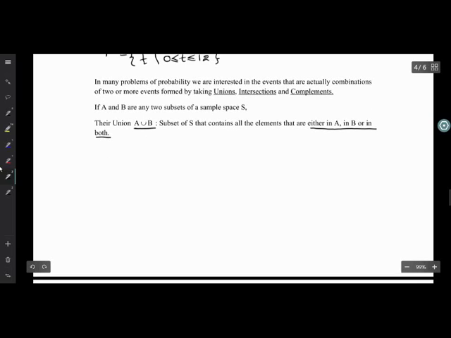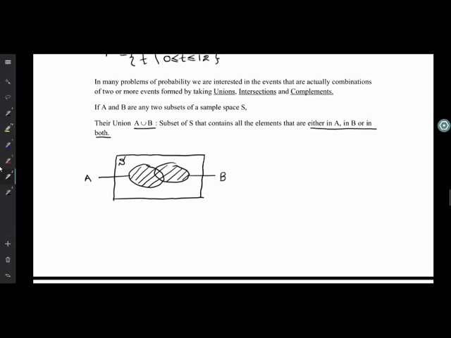We can easily explain the union using a Venn diagram. In a Venn diagram, our sample space is denoted as the rectangle, and inside that we denote the events using circles. So let's say this is event A and this is event B. The union of A and B will be this colored area. So it contains elements either in A, in B, or in both. Both is where this overlapping area is.